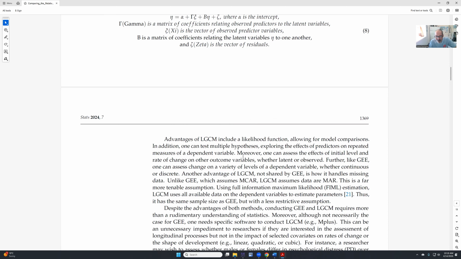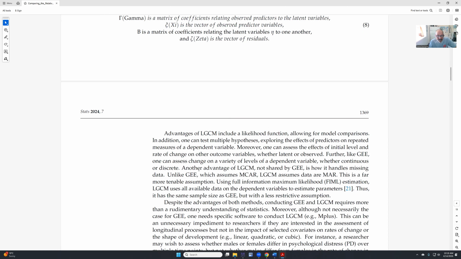It's not the only one that's really great, but it is a beautiful type of data analysis. Moreover, one can assess the effects of initial level and rate of change on other outcome variables, whether latent or observed. Further, like GEE, one can assess change on a variety of levels of dependent variables, whether continuous or discrete.